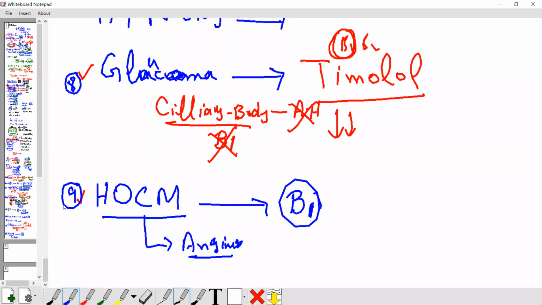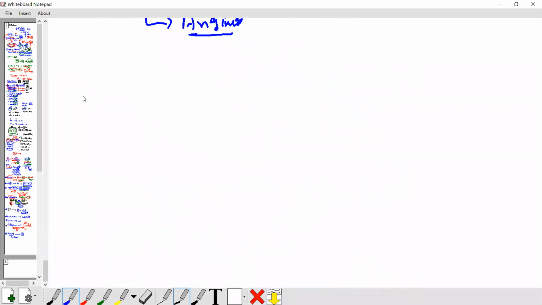There are a lot of uses of beta blockers, many uses.